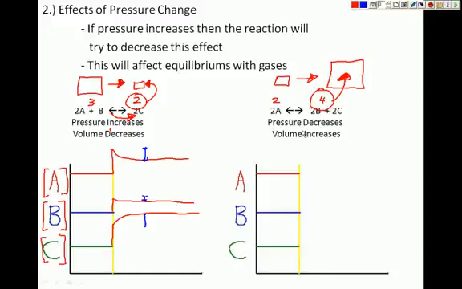So first, since the pressure decreases and the volume is increasing, the amount of liters is increasing, and therefore everything is going to decrease in concentration. And then it's going to shift to the right, and therefore A is going to decrease further. B is going to increase, and C is also going to increase.